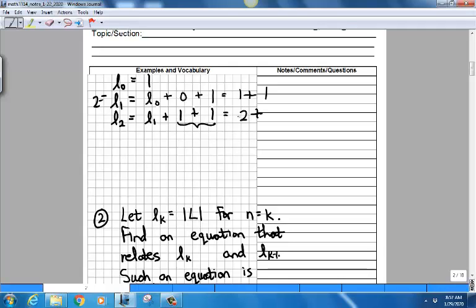So these add up to give me 2. But L sub 1, remember, what was its formula? It was this, which is 1 plus 1. So I'm writing it in a particular way. Of course, when you add 2 plus 1 plus 1, what do we get there?